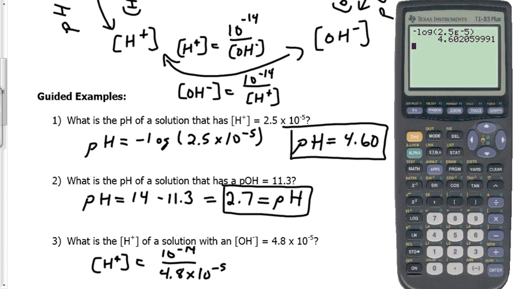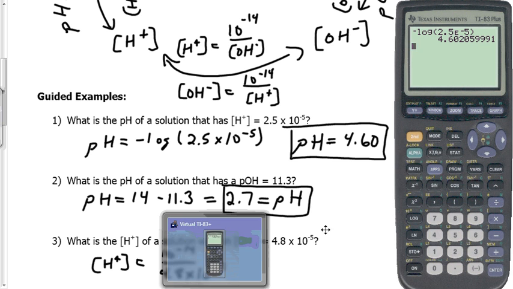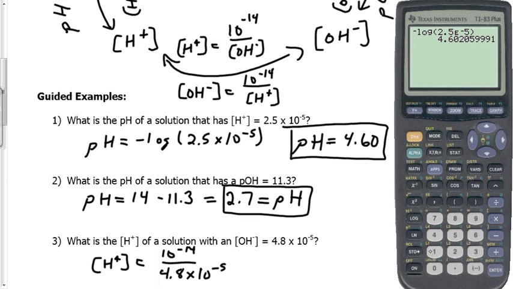So if we use our calculators, we see 10 to the negative 14th divided by 4.8 times 10 to the negative fifth.